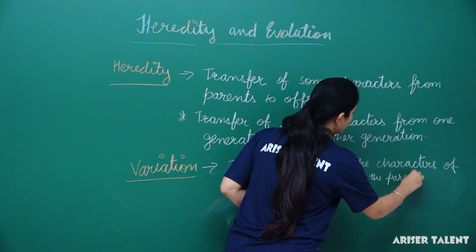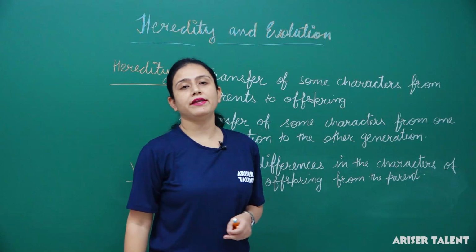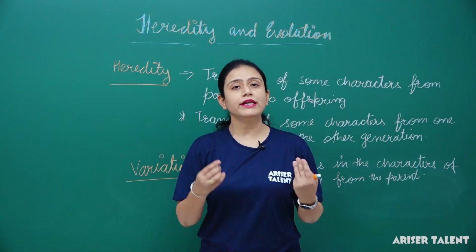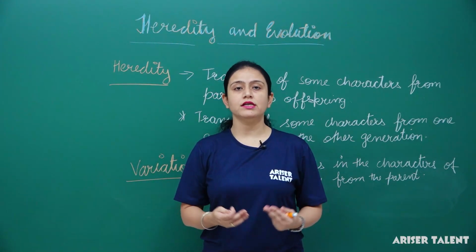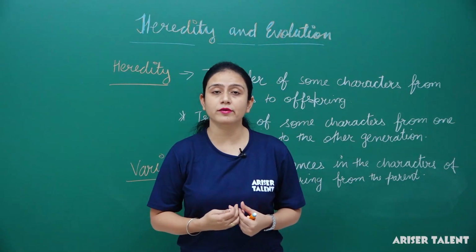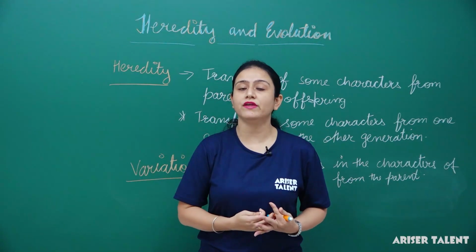The characters which are totally different from the parents are known as variations. Now why do these variations take place? They take place just because of reproduction, during the time of reproduction.